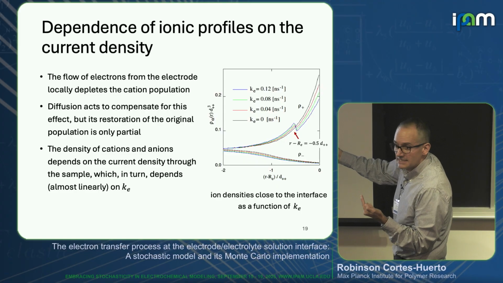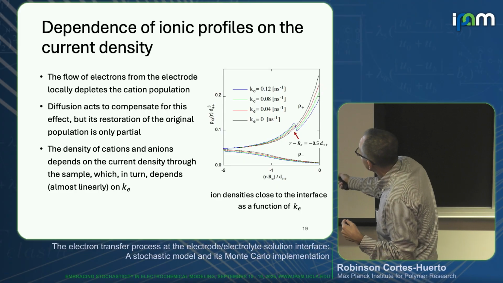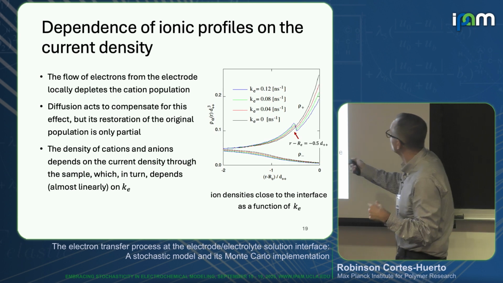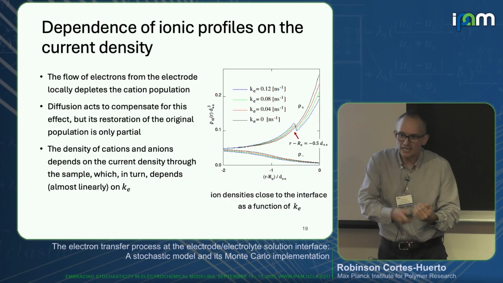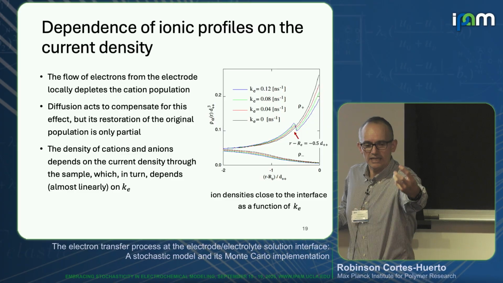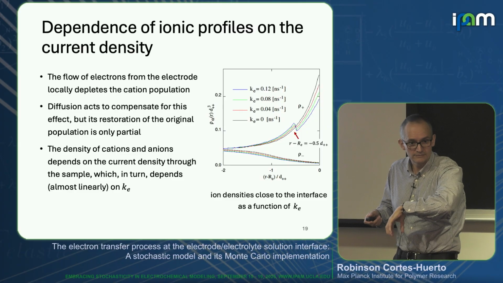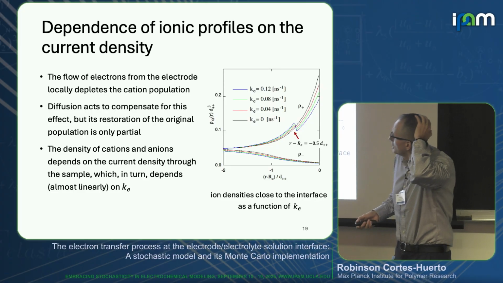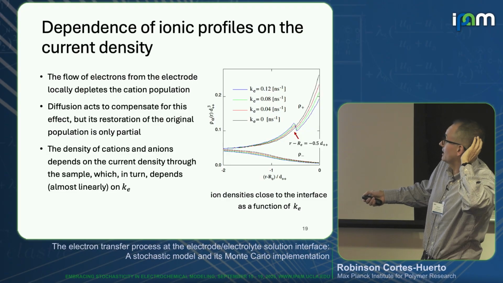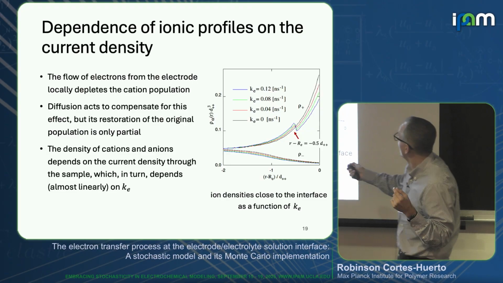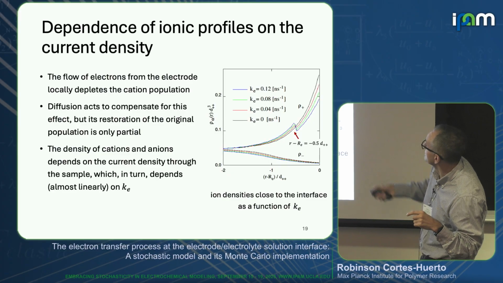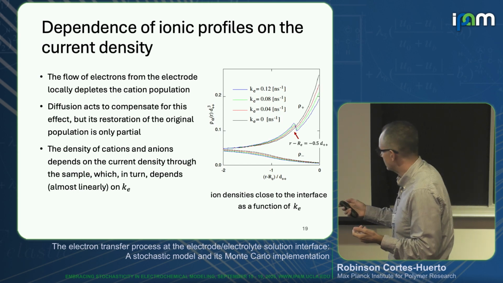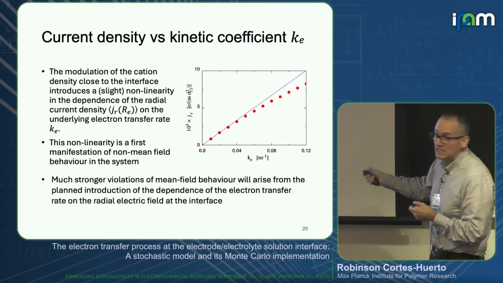But as soon as you increase the electron transfer rate, there is this anomaly that appears precisely at the boundary of the active layer. This is due to the fact that you are neutralizing cations faster than cations can come back and fill this place here. Then we can compute how the current density depends on the electron transfer rate. We would expect something linear, but instead we observe a non-linear behavior.